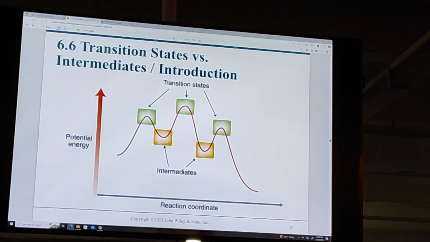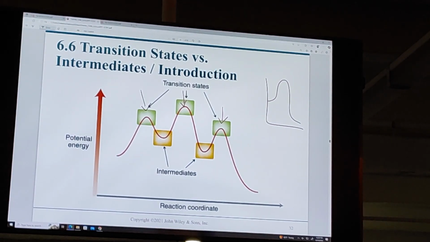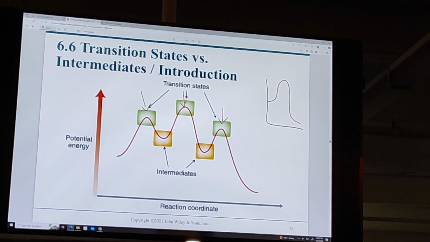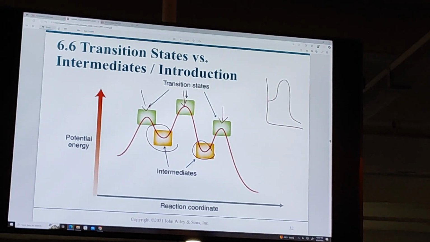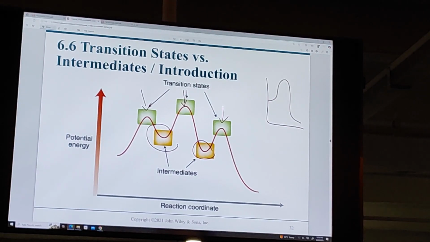When you read this, each hump of these is its own transition state. So if we have a single step reaction, it just has one transition state. So this reaction has 3 transition states. Whatever is here are known as intermediates. Intermediates are usually positively charged or negatively charged ions that are extremely unstable.